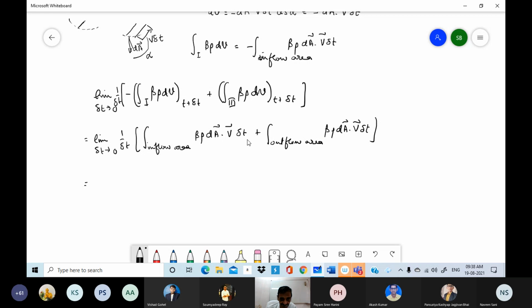So then this delta t here, delta t here, this delta t cancels with this delta t. Now all of these were evaluated at t plus delta t. Now in the limit, let me first cancel this.